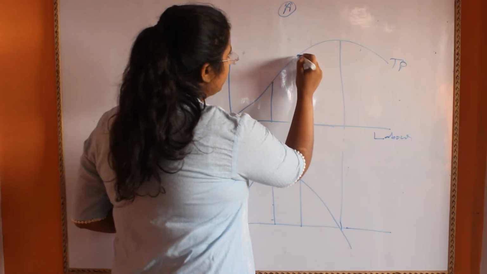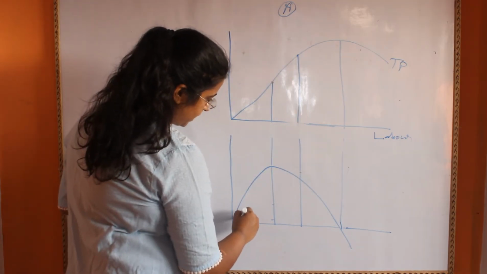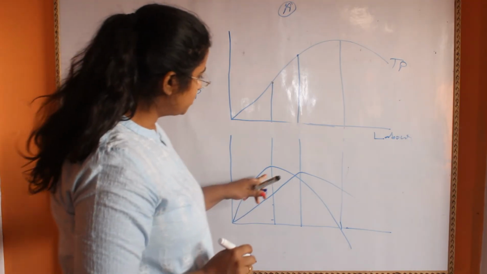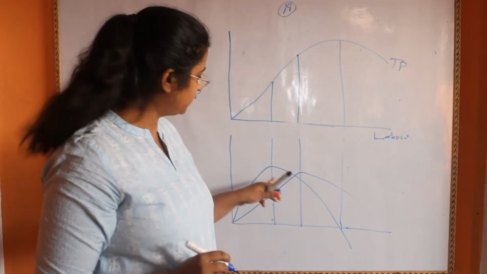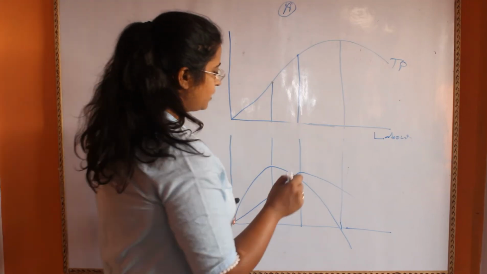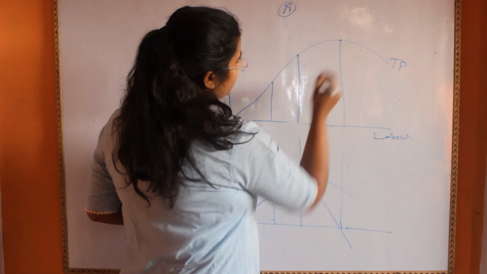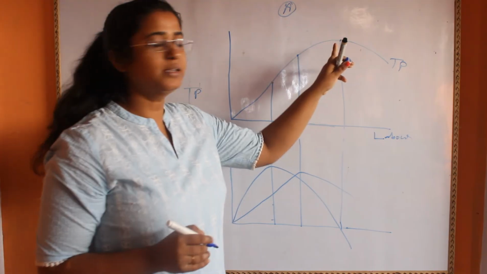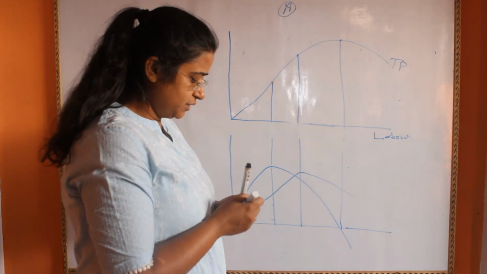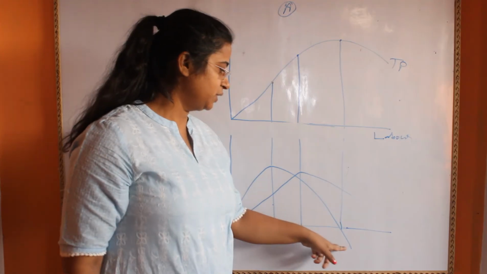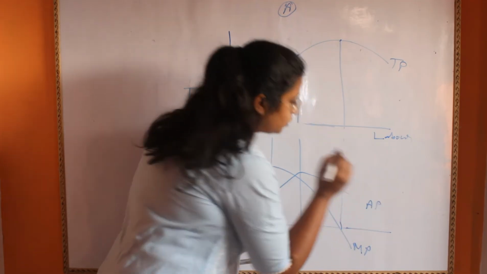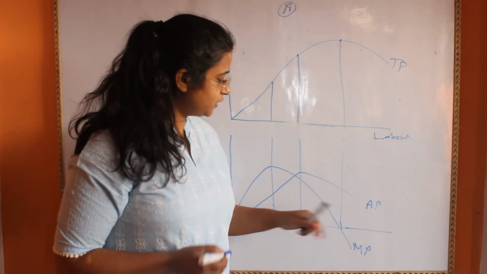This is another point, at which you get the maximum point of your average product, which will come after the maximum point of your marginal product. And at this point you see the highest point of the total product curve, and you will get it where the marginal product of labor is 0.